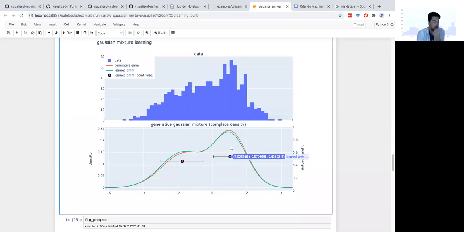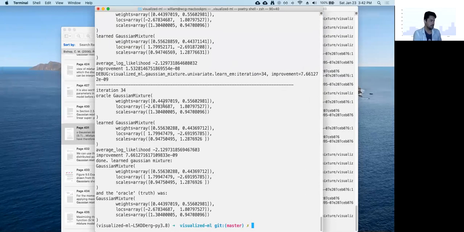I'm not going to run this again because it takes like 10 seconds for my Jupyter notebook to refresh. But if I go back here, that's why I have 2 values. In this example, I have a mixture of 2 components. I started off by having a random number generator decide a mixture for me. That's where this is coming from, with these weights, these locations, and these scales or standard deviations.